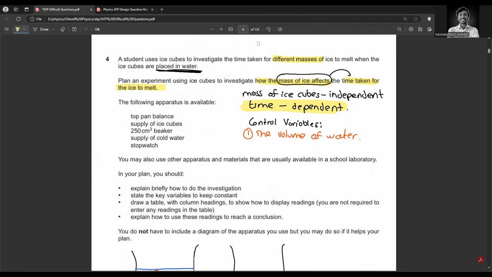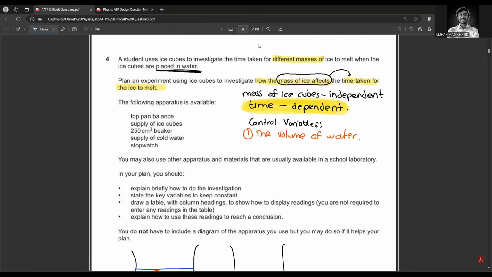Any variable that affects the dependent variable, that is the time taken for the ice to melt, must be kept constant in the experiment. Or you can say any variable that affects the dependent variable is your control variable. The volume of water is a control variable.